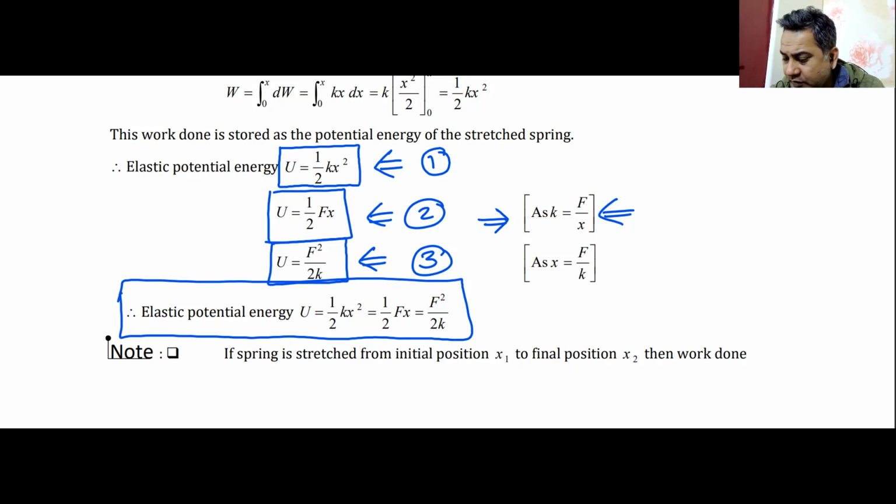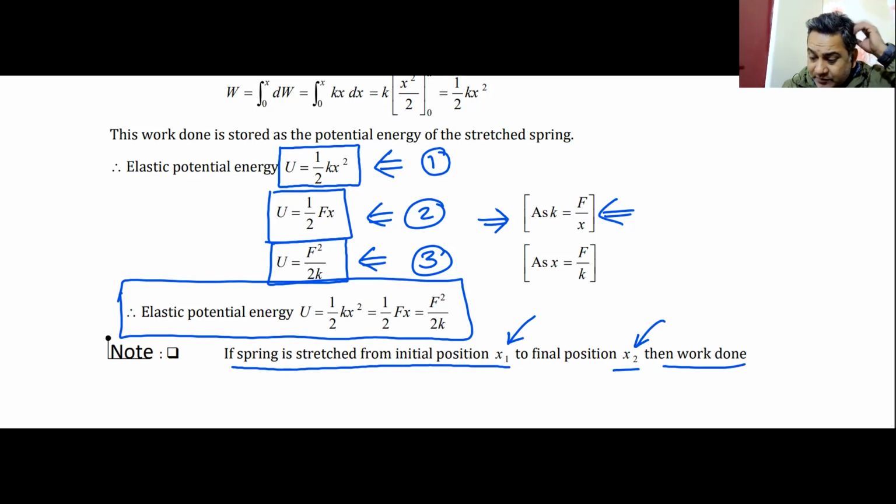Well, I hope you have noted this thing down, given you enough time. Well, the next thing is, we have also done a question on this. You can also note it down. If the spring is stretched from initial position x1, so initial extension is x1, to final extension x2, remember, work done is negative of change in the potential energy.